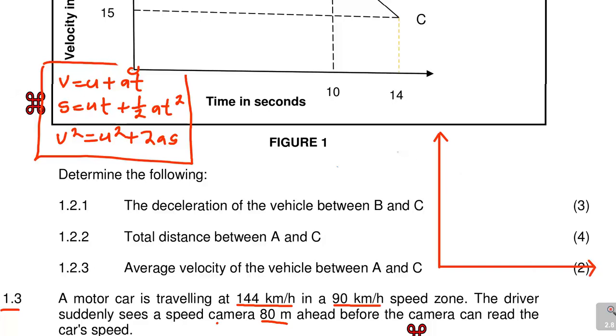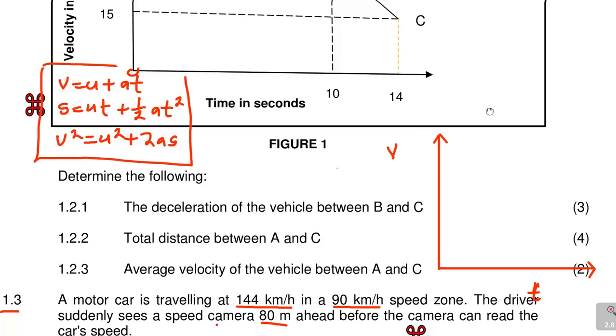So this is my velocity, this is my time. So it says a motor car is traveling at 144 kilometers per hour in a 90 kilometer speed zone. The driver suddenly sees a speed camera 80 meters ahead before the camera can read the car's speed.